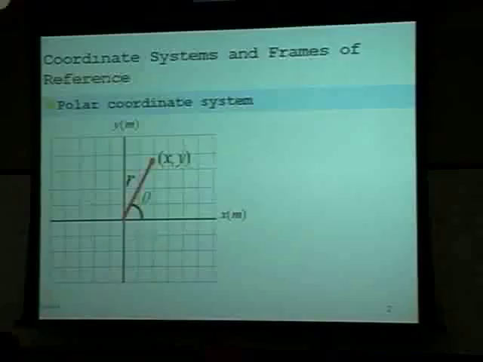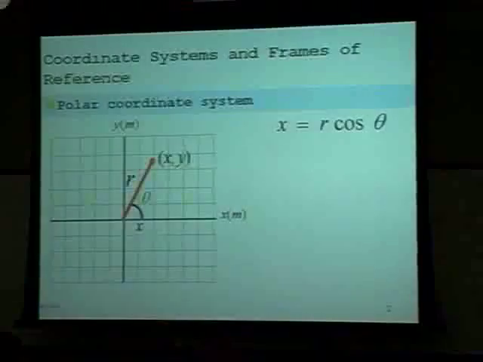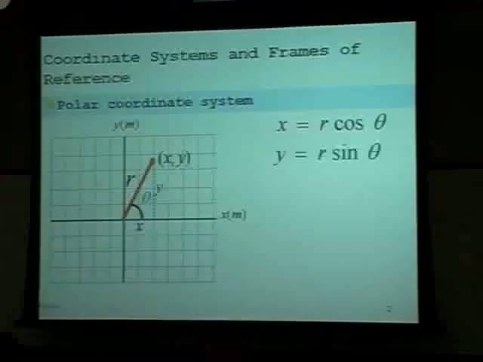I call those two variables polar coordinate variables. And they relate to x and y. I can say that x is equal to r cosine theta, because if we look at this, there's a little right triangle here. And x is the adjacent side here. So the value of x is equal to the hypotenuse r times the cosine theta. And for that matter, I could also say that y is equal to r sine theta in the same right triangle here.